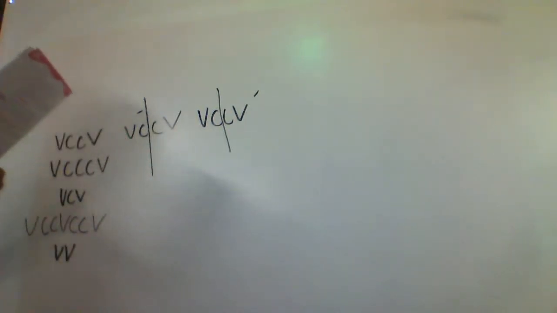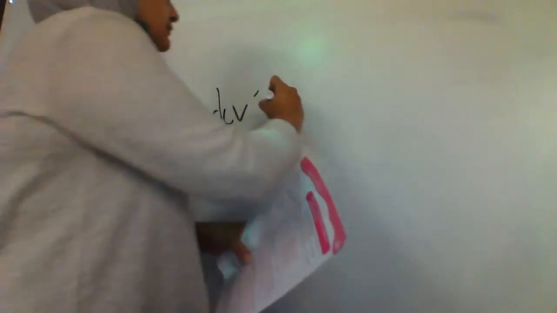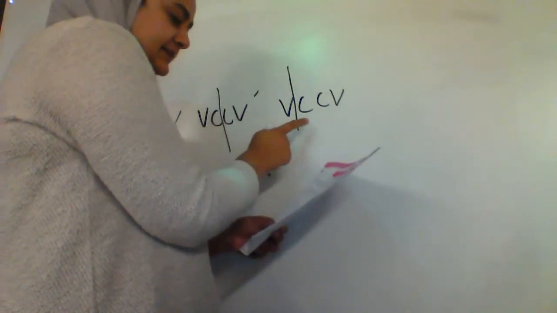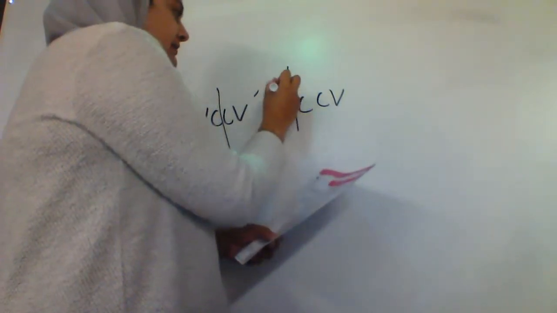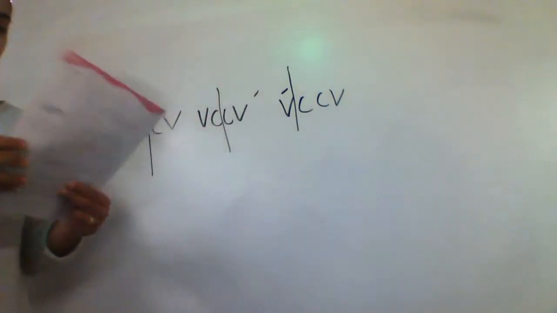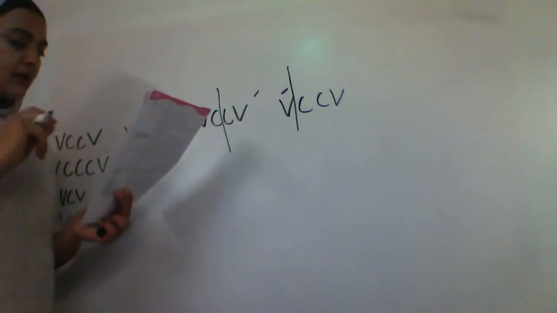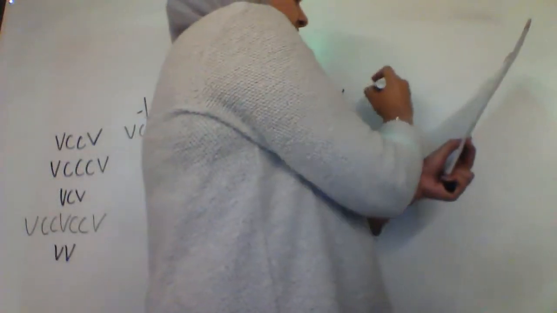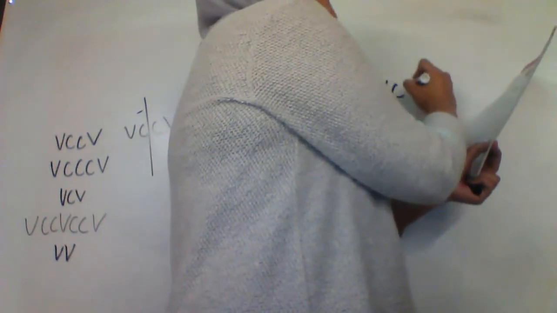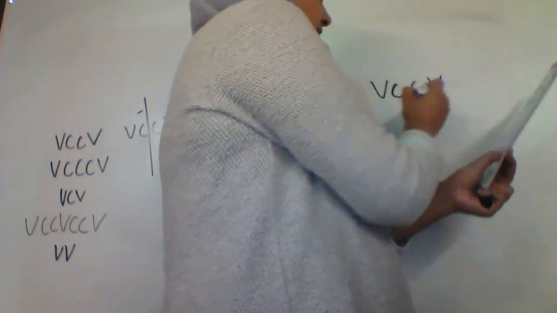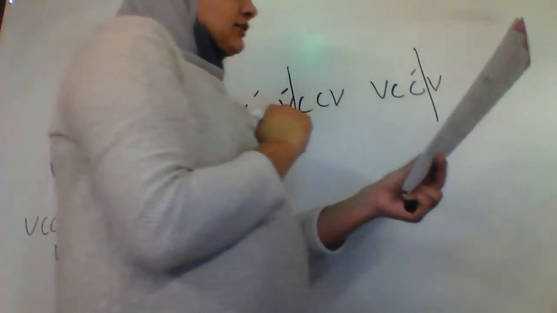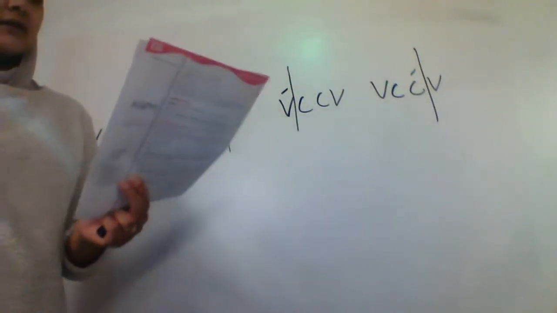Very good. We also learned that we can write it like this. V, C, C, V. And then the division line goes between the V and the C. And the accent goes there. Correct? Okay. We also learned that there is a V, C, C, V. Division line goes there, and the accent goes there.